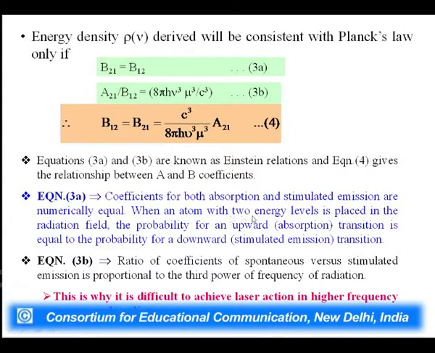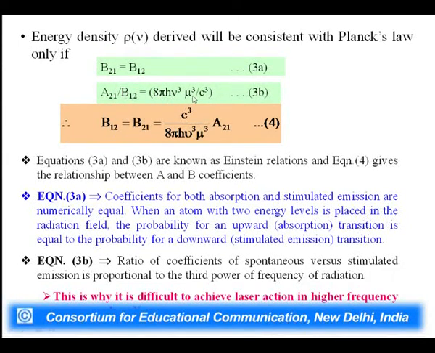When an atom with two energy levels is placed in the radiation field, the probability for the upward absorption transition is equal to the probability of the downward transition, which means stimulated emission and absorption are equal.